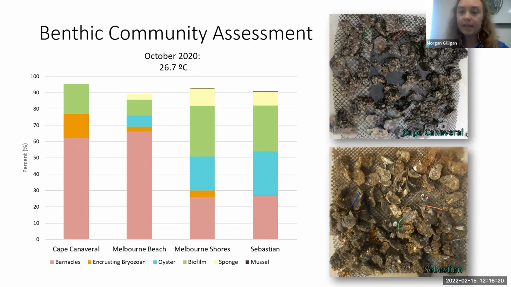On the right here, you can see Cape Canaveral, our northernmost location, versus Sebastian, our southernmost location. You can see that Cape Canaveral has an influx of barnacles, but as you make your way south on the graph, Sebastian has a more evenly distributed community the more south you go.